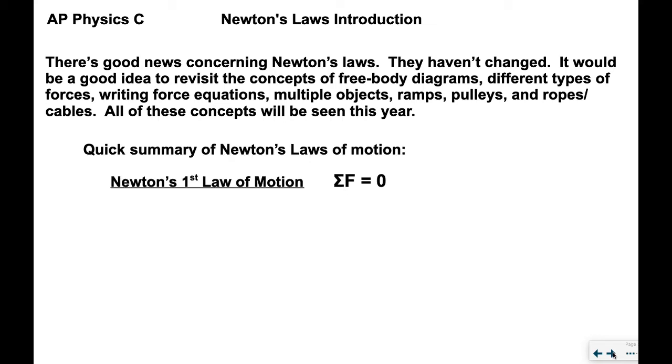So, the quick summary of the actual laws themselves. The first law, also called the law of inertia, is sigma F equals 0. If you recall, this is the one that starts with an object at rest tends to stay at rest, an object in motion tends to stay in motion.